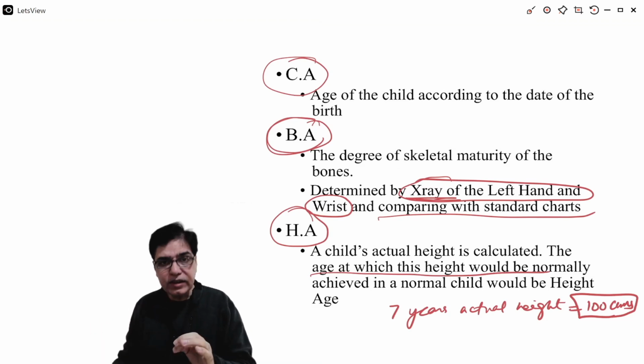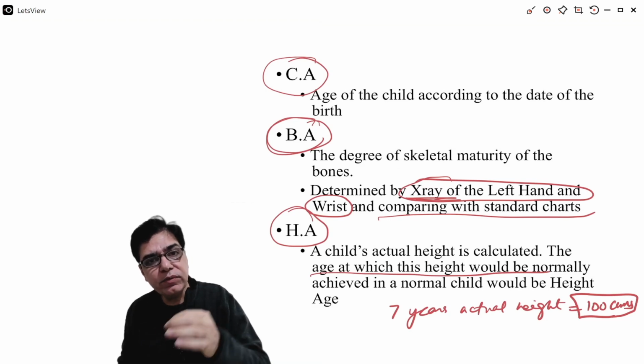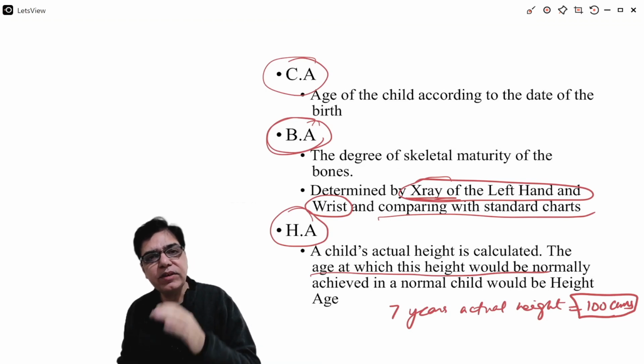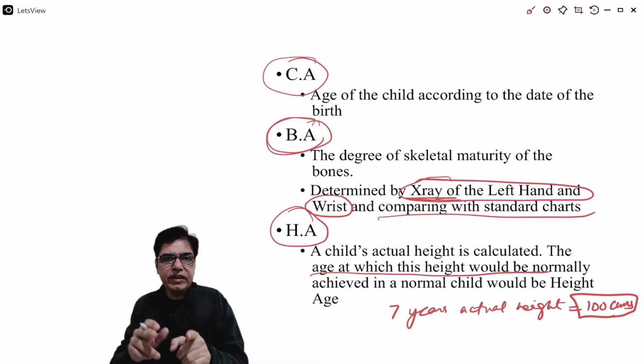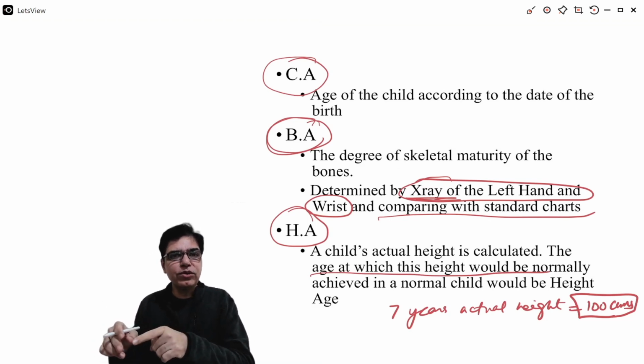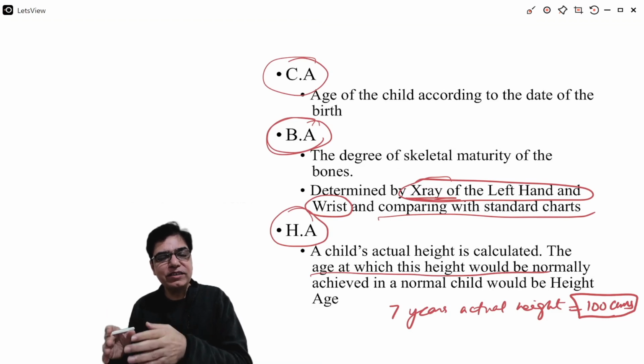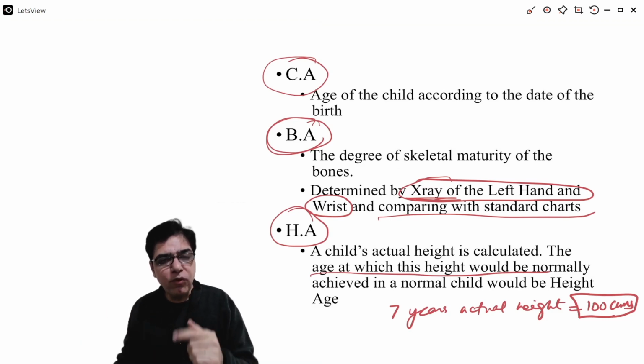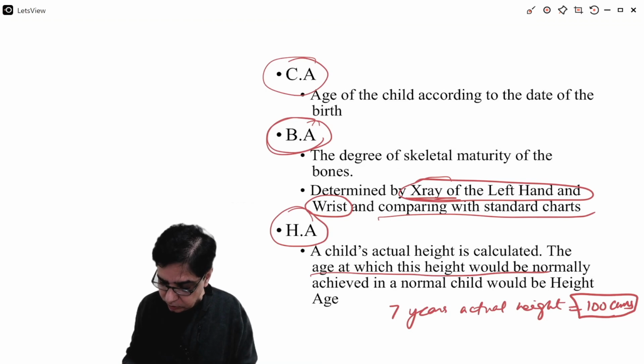So the 4 years is basically the height age of this child who himself is 7 years old. So at 7 years, 100 centimeters is his actual height. But if you compare, a normal child would attain this height at 4 years. So his height age would be what?